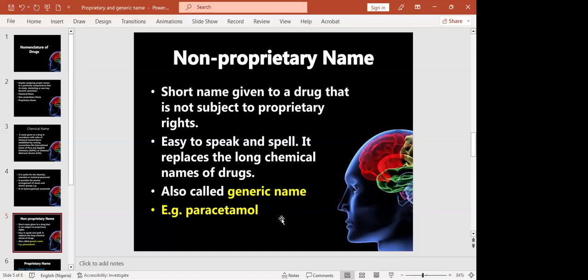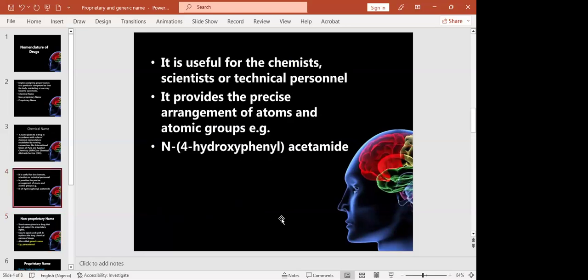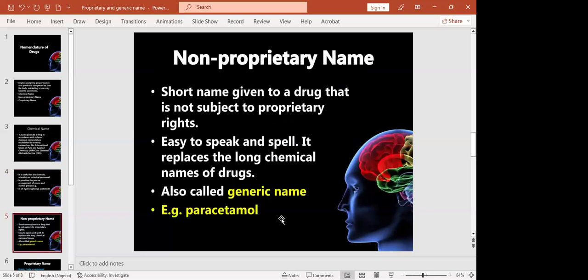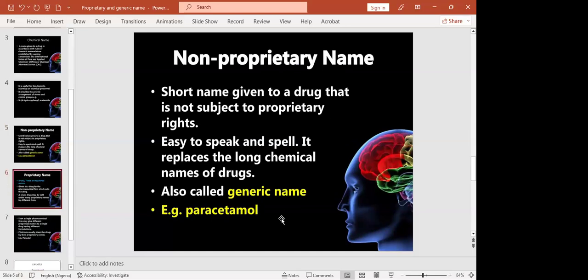So that is what a non-proprietary name is. Even though the chemical name for paracetamol is this mouthful, N4-hydroxyphenylacetamide, the generic name, which is the non-proprietary name, not owned by any pharmaceutical company, is paracetamol. So that's the second nomenclature of drugs.